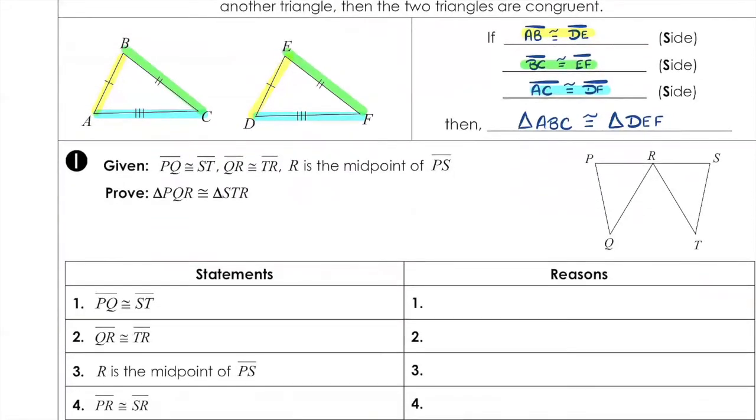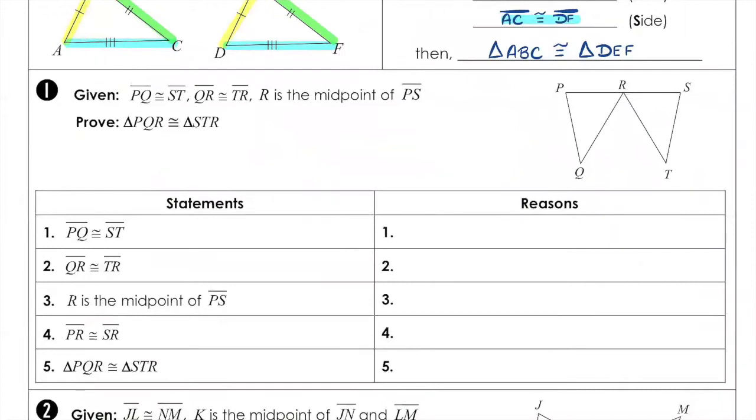So given that PQ is congruent to ST, QR is congruent to TR, and R is the midpoint of PS, let's label our given pieces. So what we know is given to us.